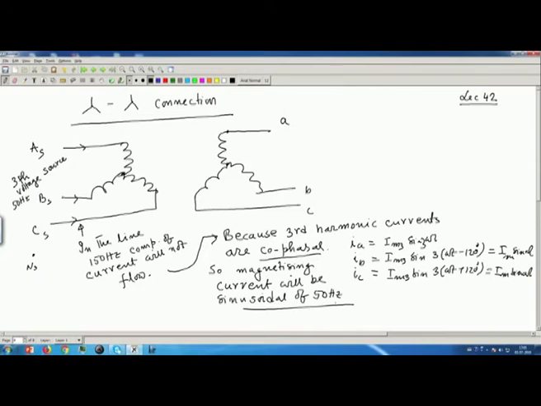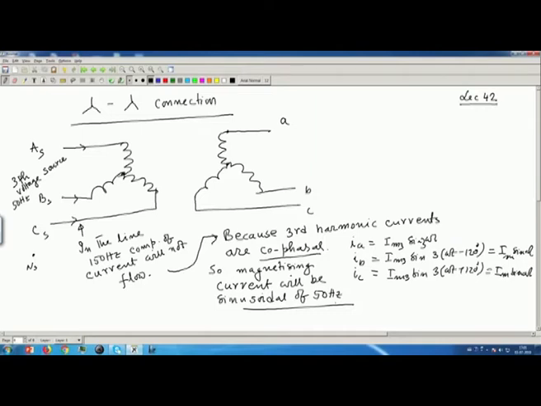Acha, if that be the case, then we have learned you are exciting the coils with 50 hertz current. Can the flux in the core be sinusoidal? Certainly not. The flux in the core then will have both 50 hertz component and 150 hertz component.